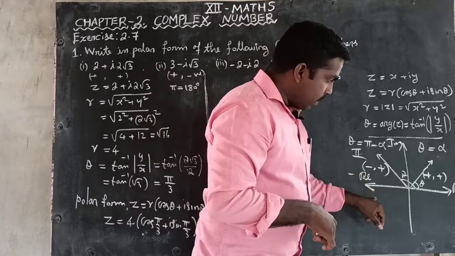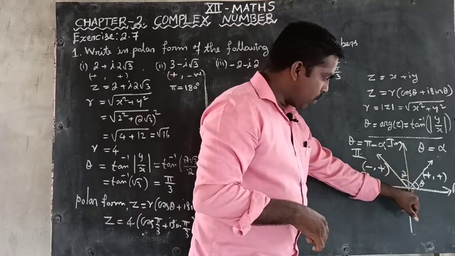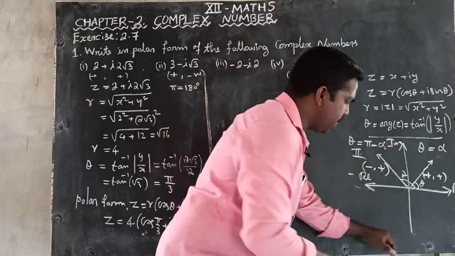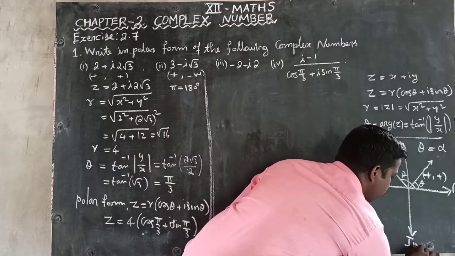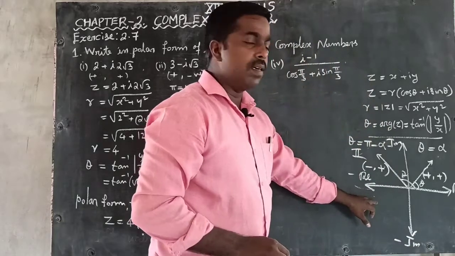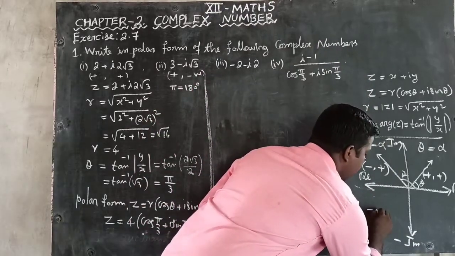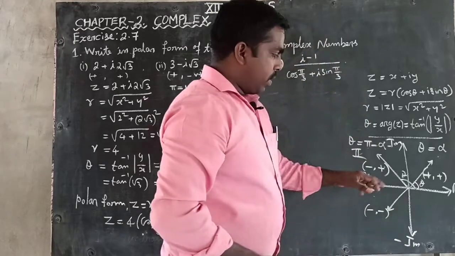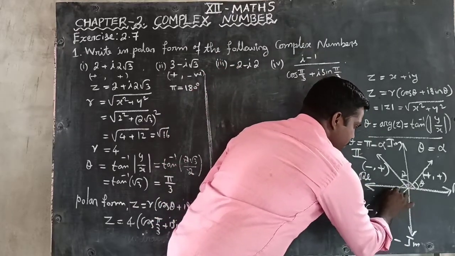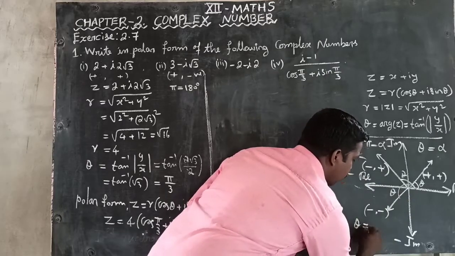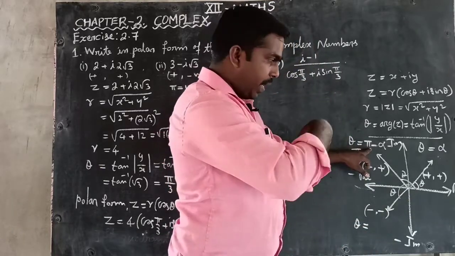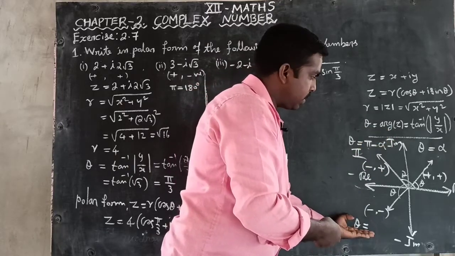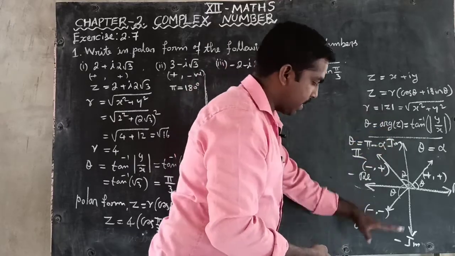Suppose in the third quadrant, the real part is also negative, imaginary part is also negative. So both are negative. For this angle theta the third quadrant value is nothing but the reflection of the second quadrant.